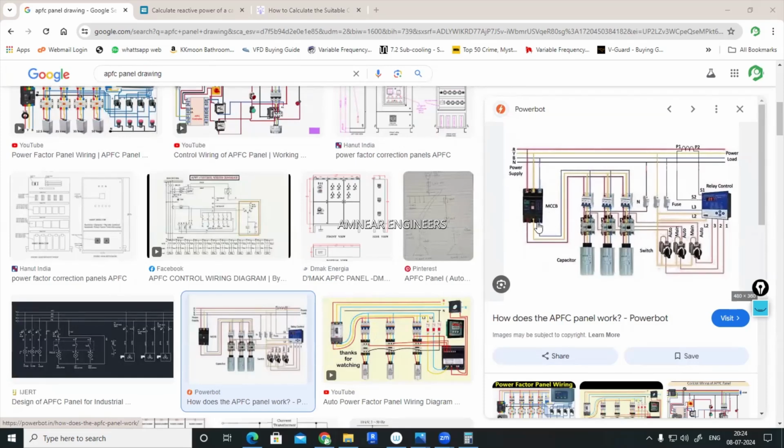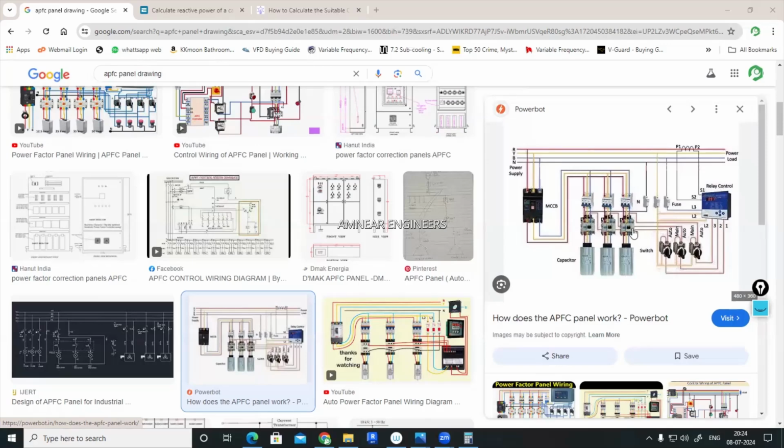A molded case circuit breaker, MCCB, is used for the main protection. Three phases are connected here. It's a 3-pole MCCB. Then 3-pole MCBs or MCCBs are used based on the rating. Then here is the APFC relay control.